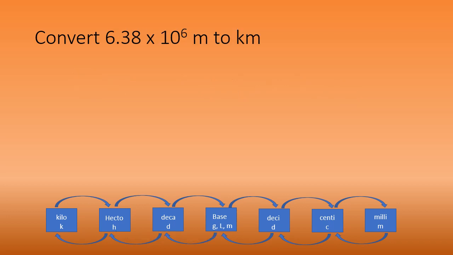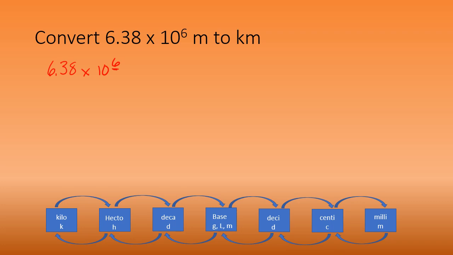Here on this slide, we are asked to convert 6.38 times 10 to the 6 meters to kilometers. This is a little bit different than the other ones we've been asked because we're given a number in scientific notation and asked to convert in between units. And so there's two ways we could approach this. We could write down our 6.38 times 10 to the 6th, and we could remember that in scientific notation, moves of our decimal will actually change this number right here.